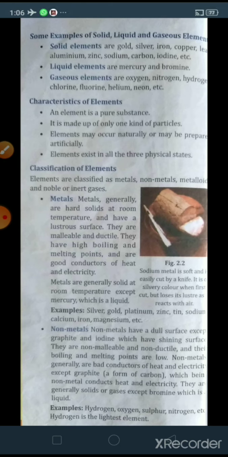Remember that mercury is a liquid which is a metal, but bromine is a liquid element which is a non-metal. Okay, some examples of non-metals are hydrogen, oxygen, sulfur, nitrogen and many more.